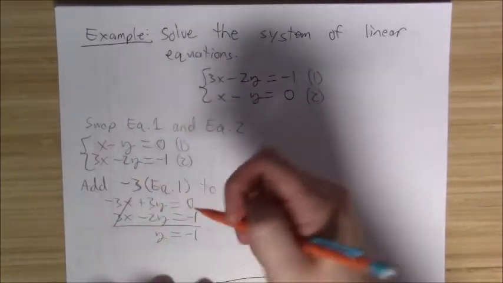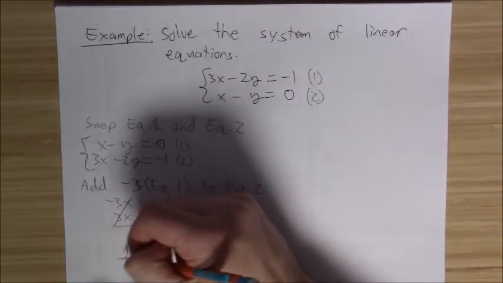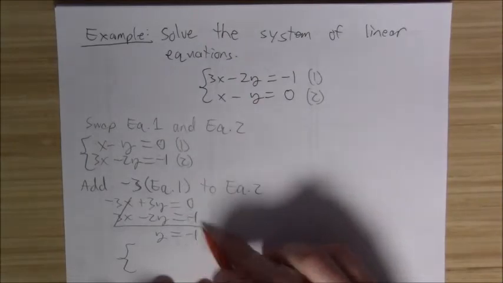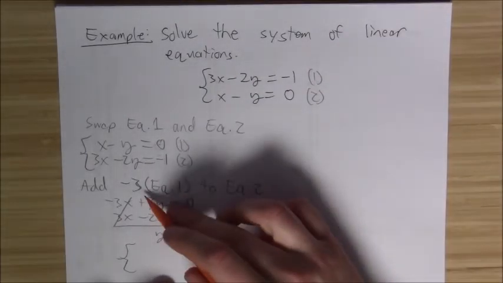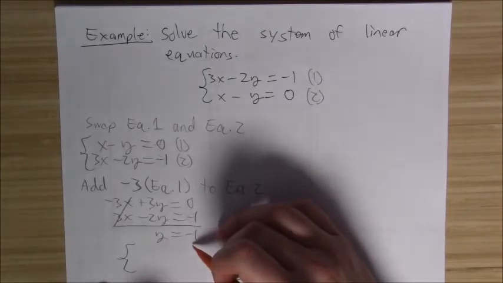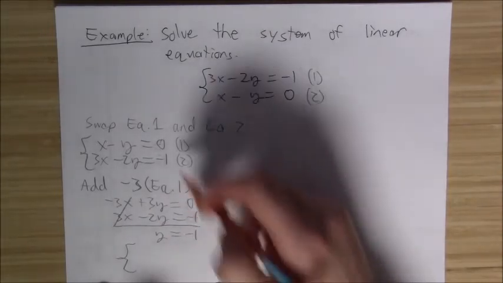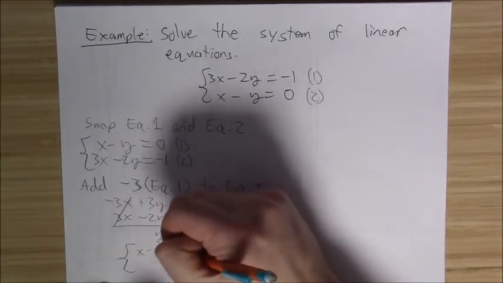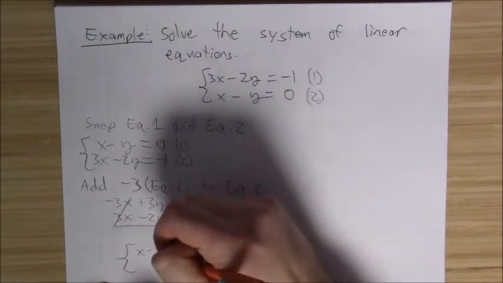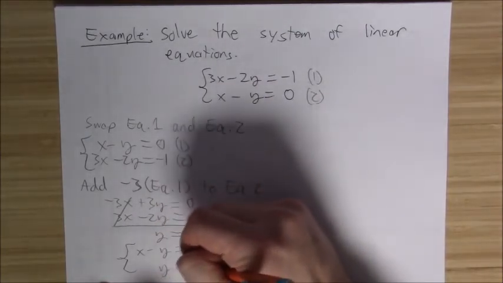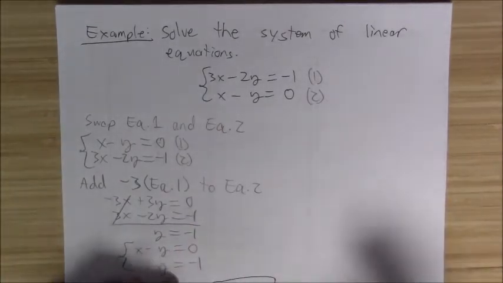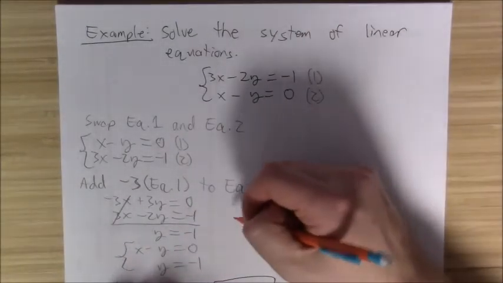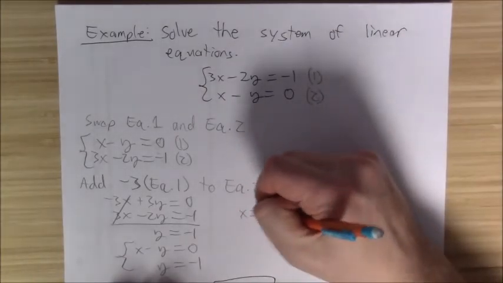So what have we really done? We've replaced the bottom equation with this equation. So we really have x minus y equals 0, and y equals negative 1. Now this is in row echelon form, so I can solve it by back substituting.